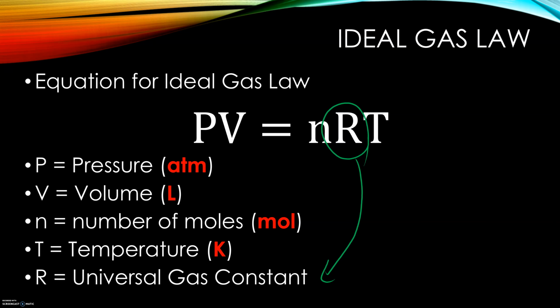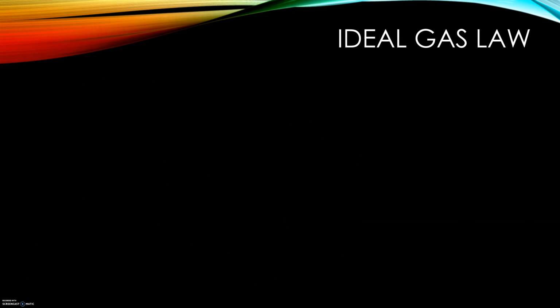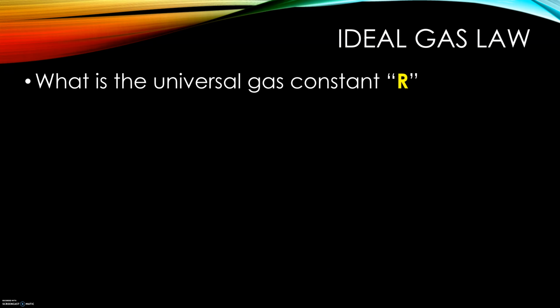Well, what is our universal gas constant? Basically, that universal gas constant R has a very specific value. Just like everybody is able to associate the value pi in mathematics as 3.14, if we ever encounter R as universal constant, it has a very specific value that you should always associate with it.